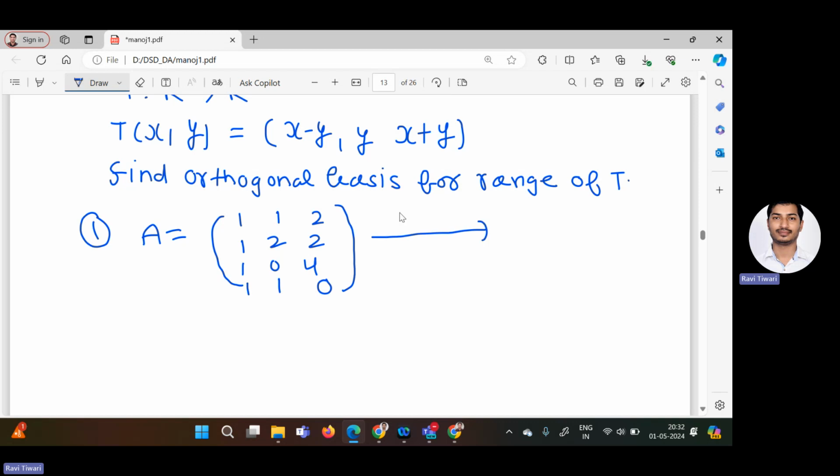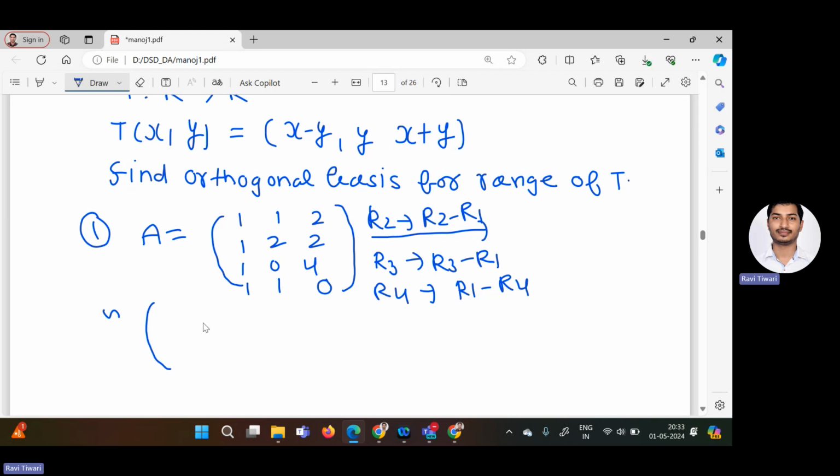We can apply row operations: R2 is replaced by R2 minus R1, R3 is replaced by R3 minus R1, and R4 is replaced by R4 minus R1. Then what do we get?